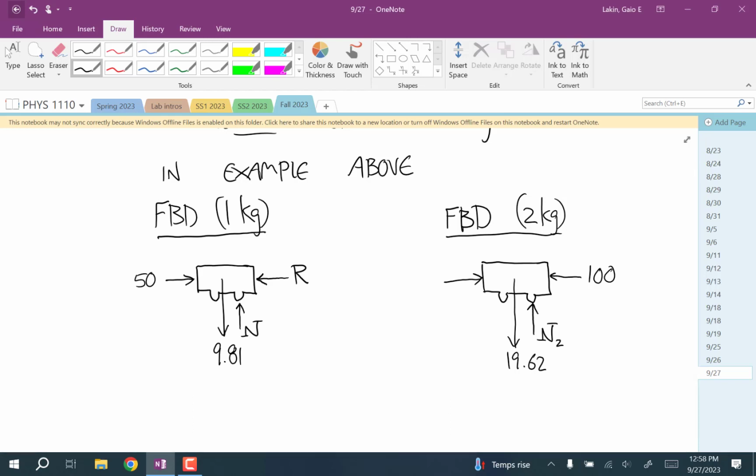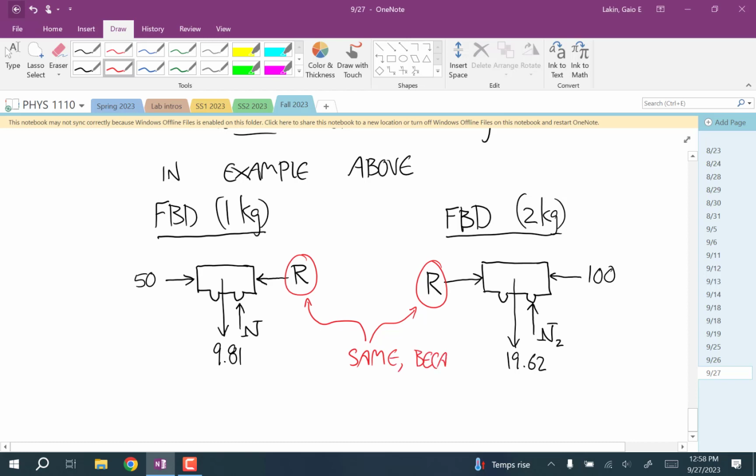If you're thinking of the contact between two different bodies like we are here, the magnitude of the force on one of them is the same as the magnitude of the force on the other one. So we'll give this the same variable name. These are the same because it's the same contact force. It's the same two bodies that are in contact.